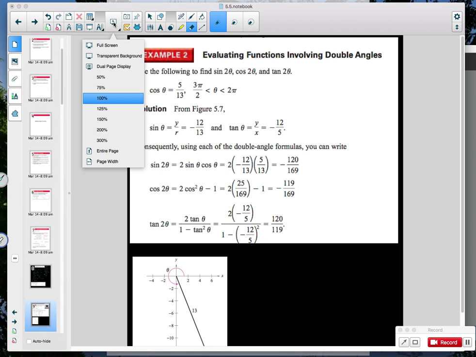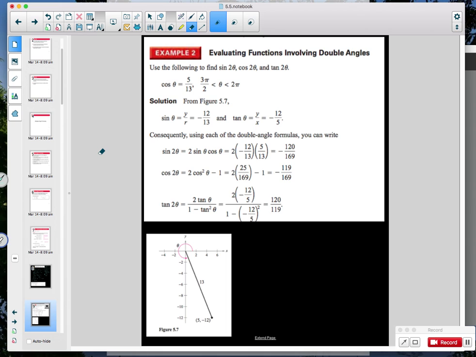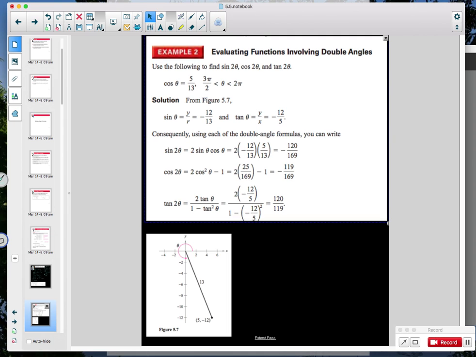Let's see how I'm going to do this. Alright, so here I have to evaluate a function involving the double angle. So I'm trying to find sine of 2 theta, cosine of 2 theta, and tangent of 2 theta here, 1, 2, and 3.